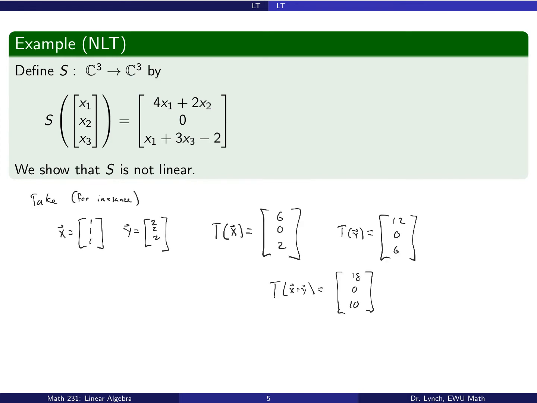It's a pretty quick computation to show that T of x is 602, T of y is 1206, and T of x plus y, which would be T of 333, turns out to be 18010, which is not T of x plus T of y. So the image of the sum is not the sum of the images. This is similarly true for scalar multiplication, and I won't go through it, but maybe I'll let you cook up an example.